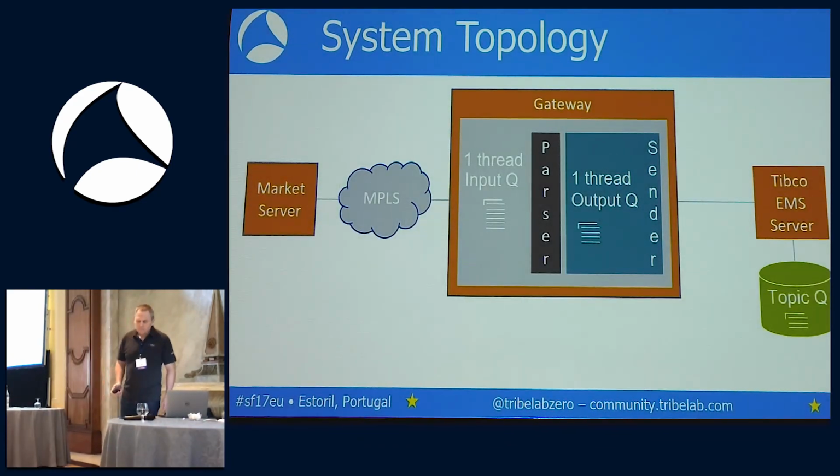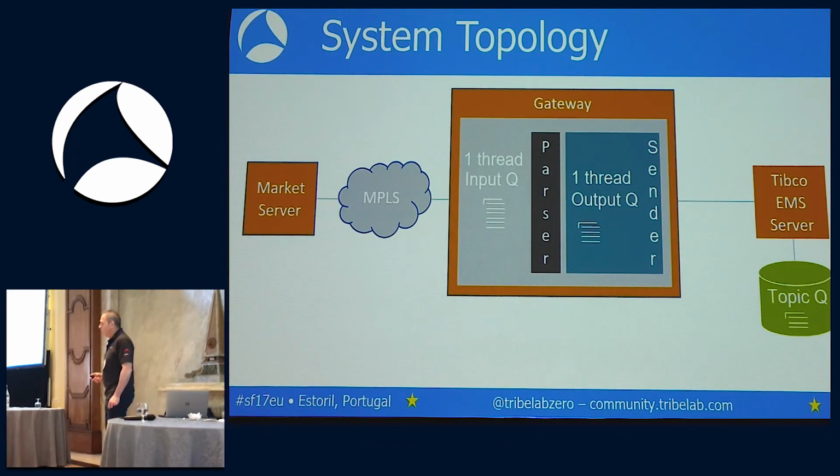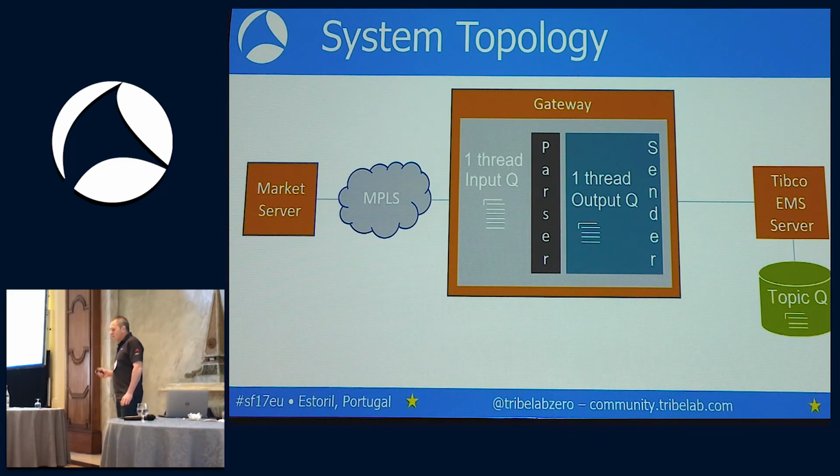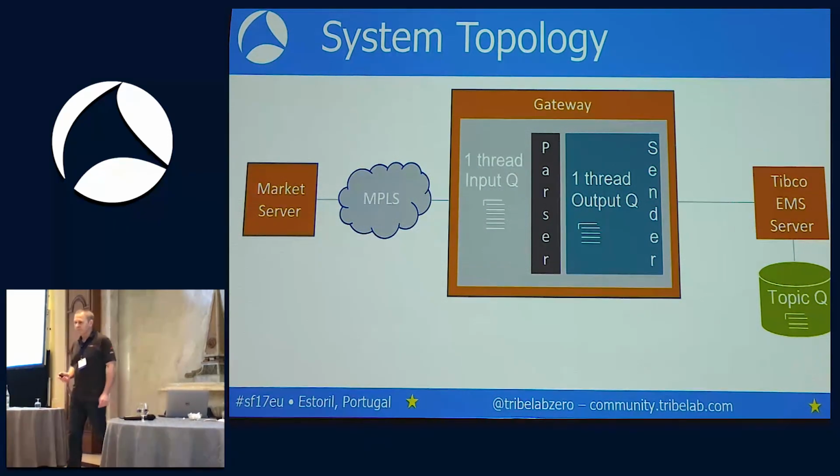I'm going to have a quick look at one example. This is a trading system. We have market information on the left-hand side. It's delivered into this gateway box, and then that gets delivered out to an enterprise service bus, which is actually a TIBCO EMS system.